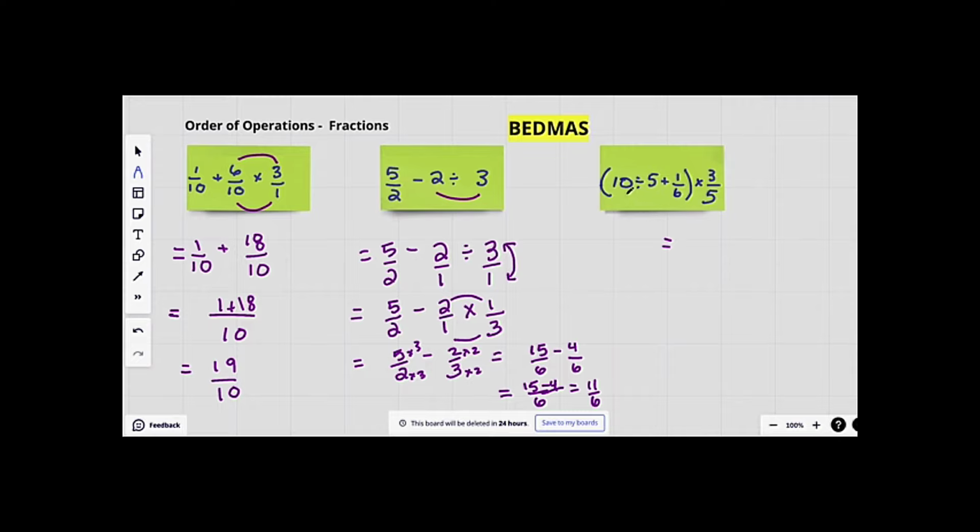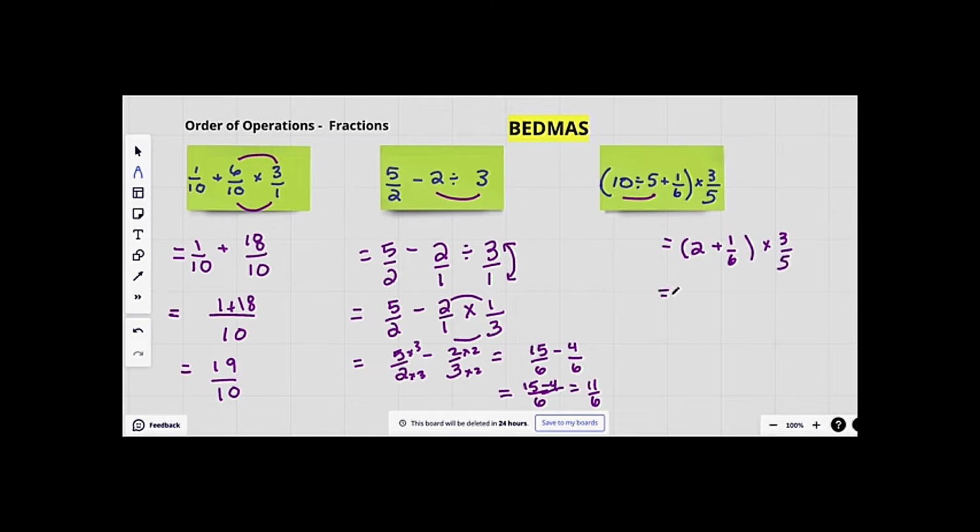What's going to happen first, the division or the addition? The division, because BEDMAS has the D first before we get to addition and subtraction. So we divide 10 divided by 5, which is 2. This becomes 2 plus 1 over 6, because we're just dragging the rest of the numbers with us until we get to them.